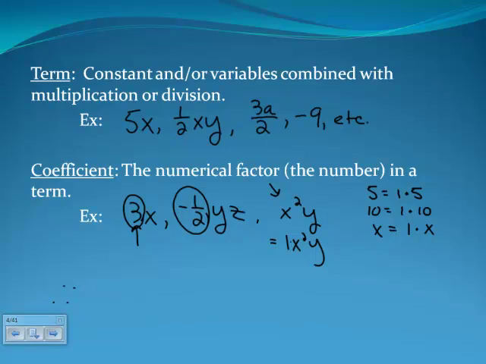And so in this case, the understood coefficient of x squared y is positive 1. If you just have a constant, for example, let's say I said, given the term 5, tell me what is the coefficient. Because there's not a variable piece, then it's only the constant that's the coefficient. So the coefficient there is 5.